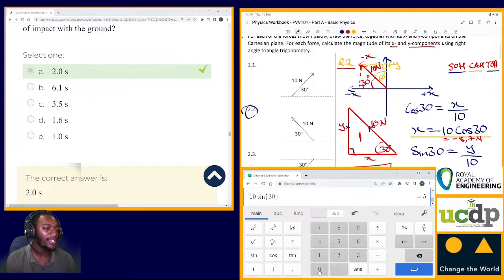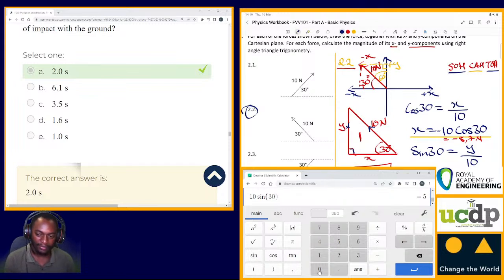So don't memorize to say when I'm resolving vertically, it's always a y. When I'm resolving in the x, it's always cos. All right? Don't memorize. What you have to understand is you have to sketch your triangle first. Then you check the angle that is in your triangle. You use your trig ratios appropriately, then you'll be good to go.